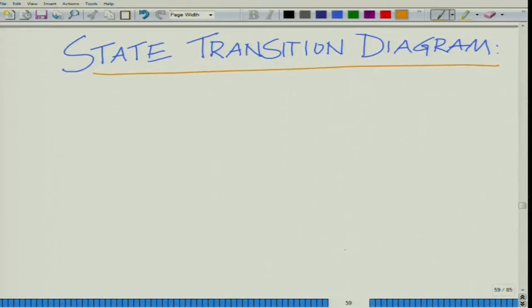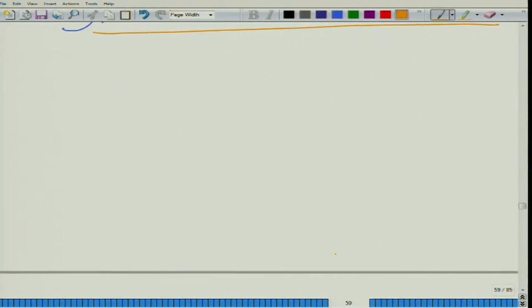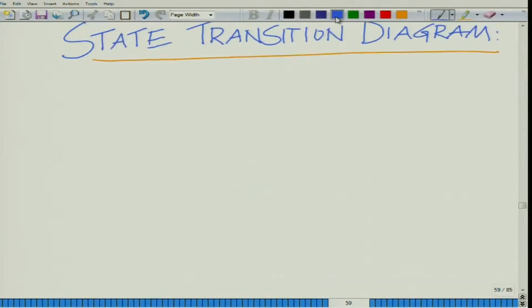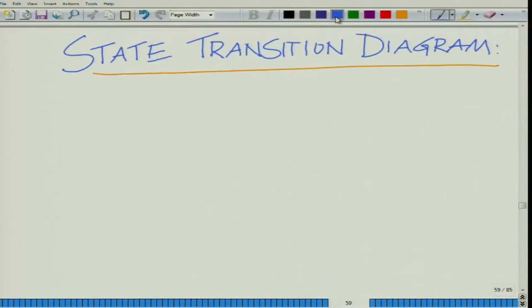And as we said, there are 4 states. So what we want to do is capture the evolution of the encoder, or generation of the code bits by this convolutional encoder, through a state transition diagram. Okay, so let us start. As we said in the beginning itself, there are 4 states.